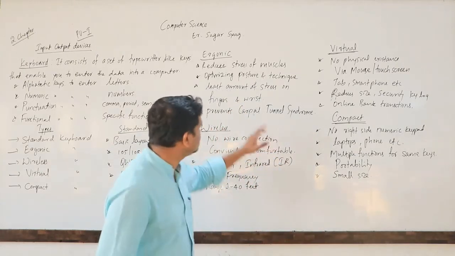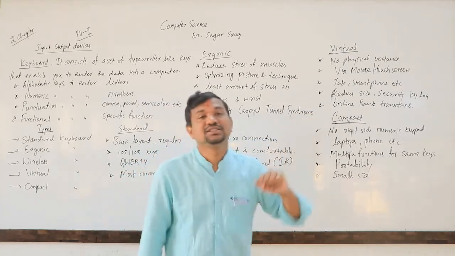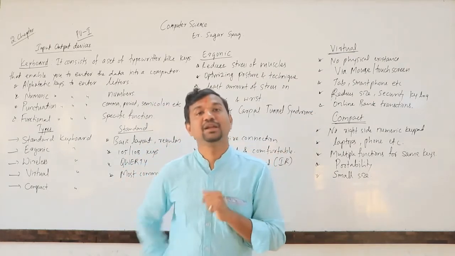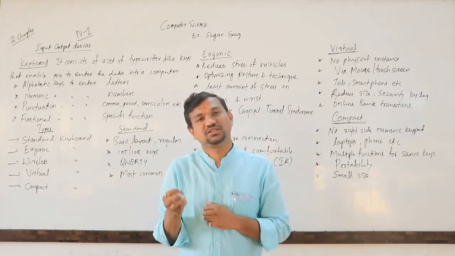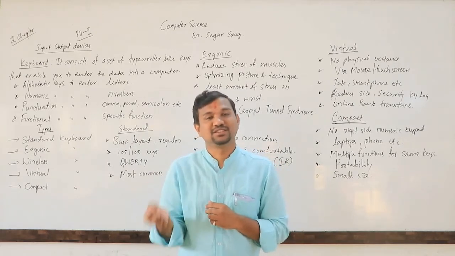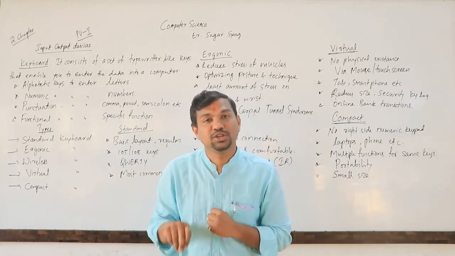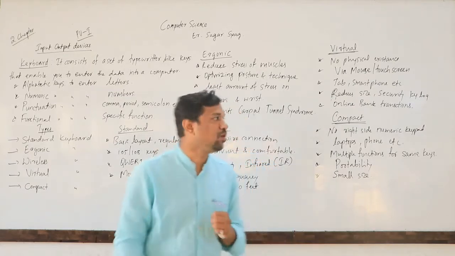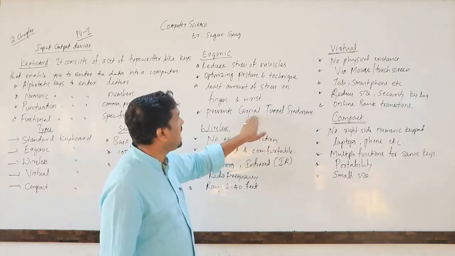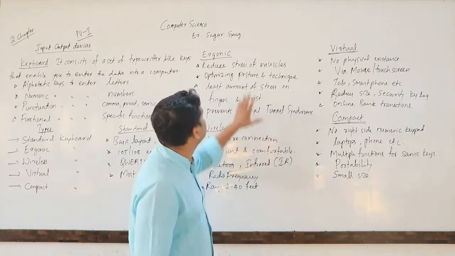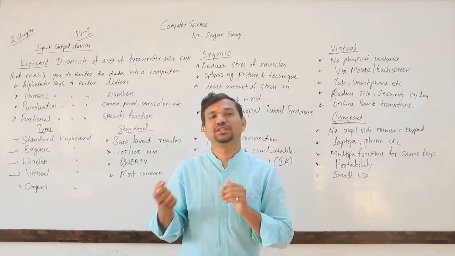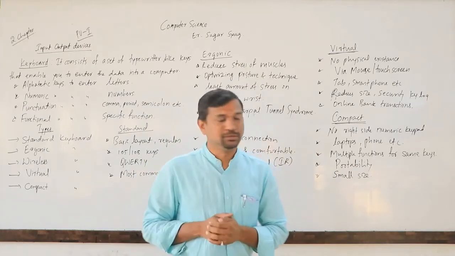That is called carpal tunnel syndrome. There may be back pain, hand pain, shoulder pain. So there are some effects on the human body. That is called scientifically carpal tunnel syndrome. To prevent this, they came up with the ergonomic keyboard.